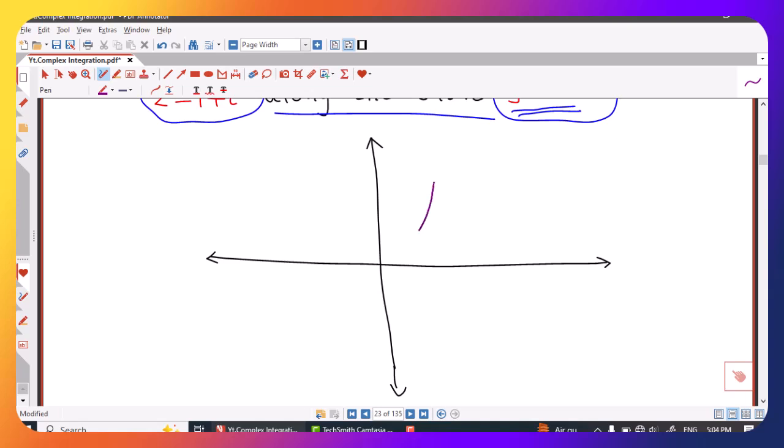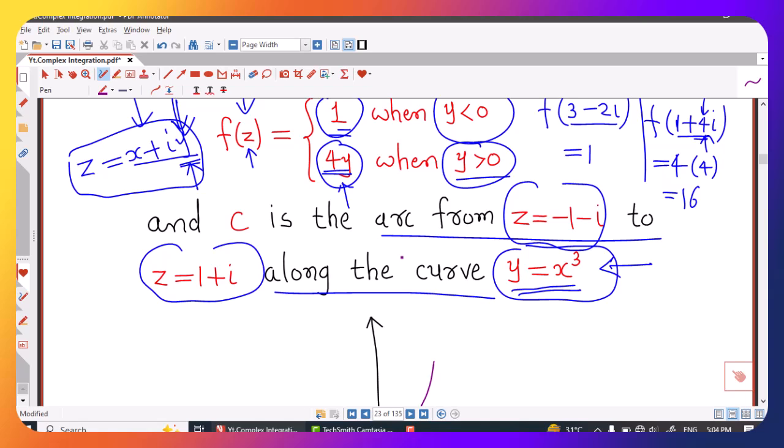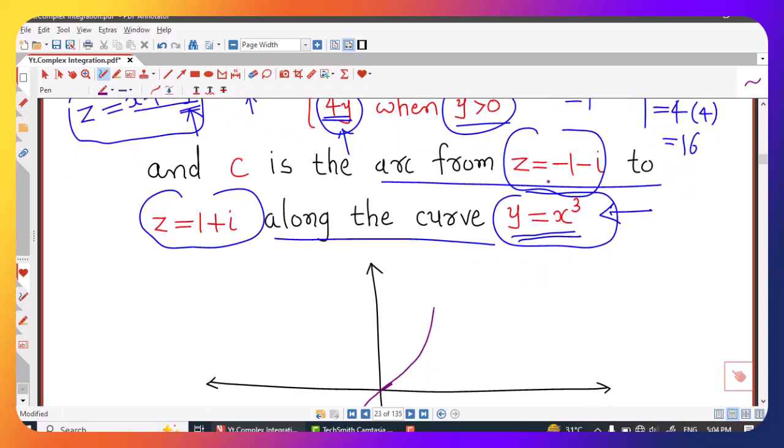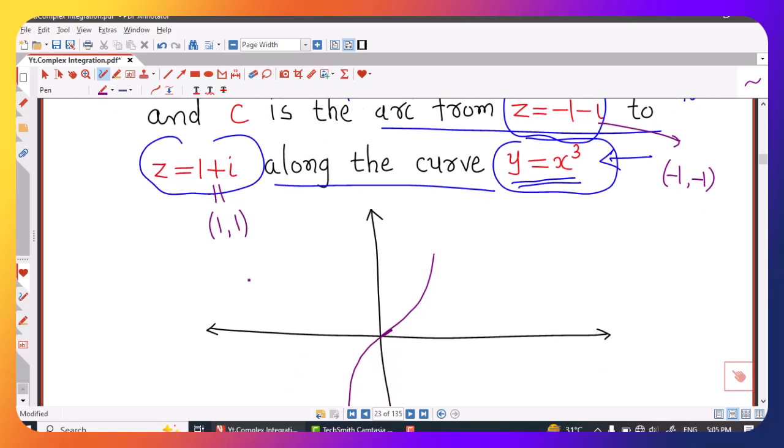Y equal to x cube is passing through the origin, and roughly it looks like this. It will extend up to infinity in both the directions, but we have to consider the part of the curve between z equal to minus 1 minus i, that we can rewrite as minus 1 comma minus 1, and z equal to 1 plus i, that is 1 comma 1.